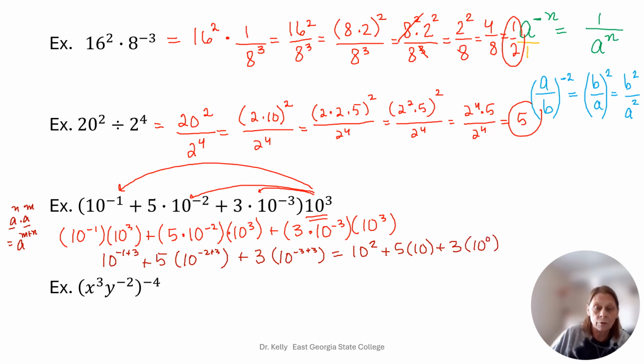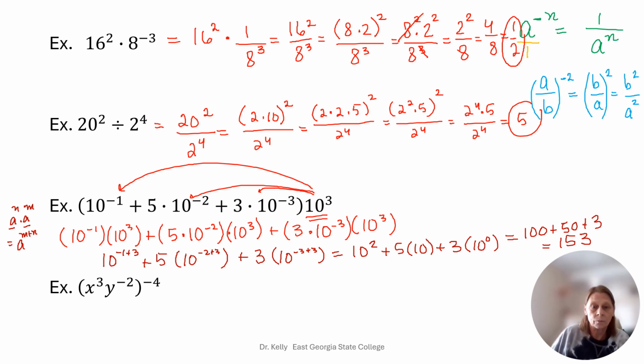Anything to the 0 power is equal to 1, so this is equal to 100 plus 50 plus 3, which is 153.